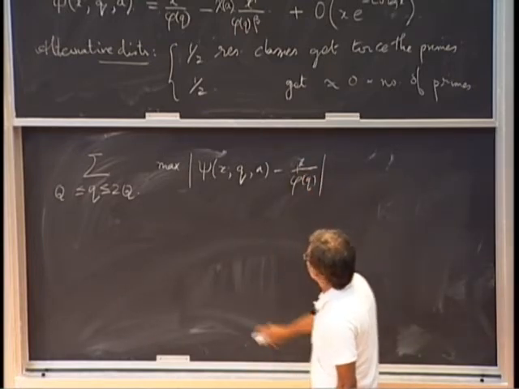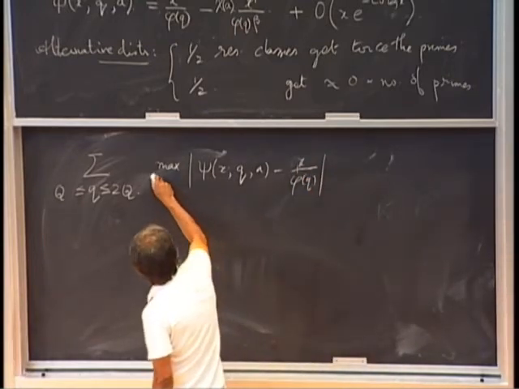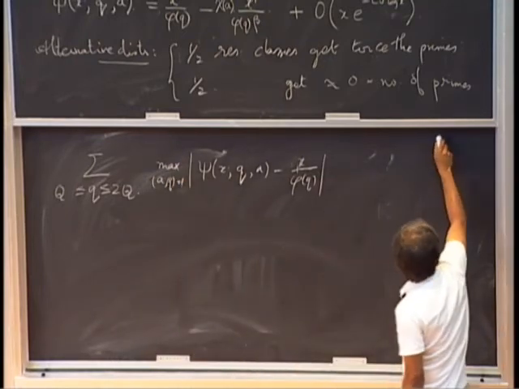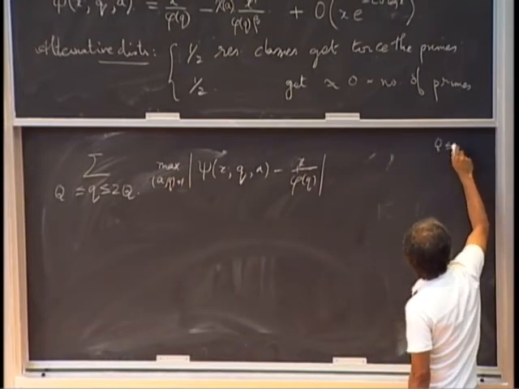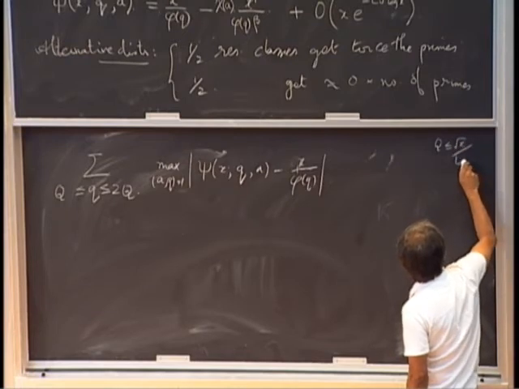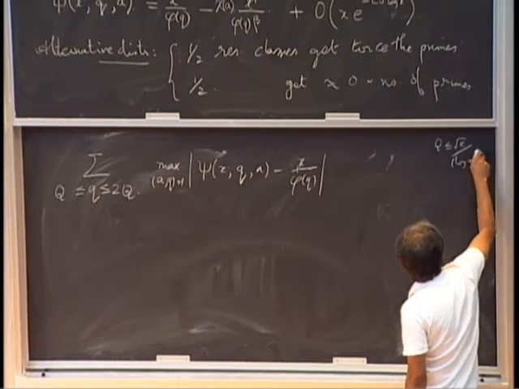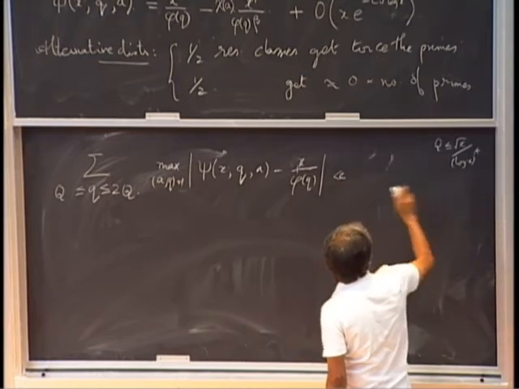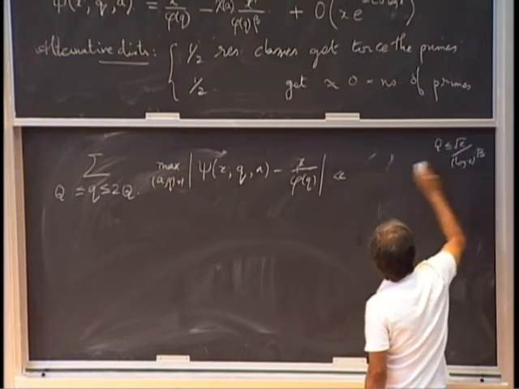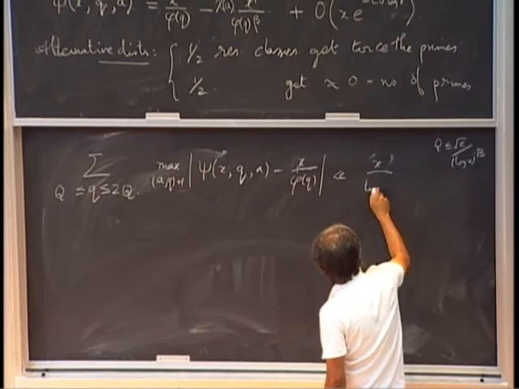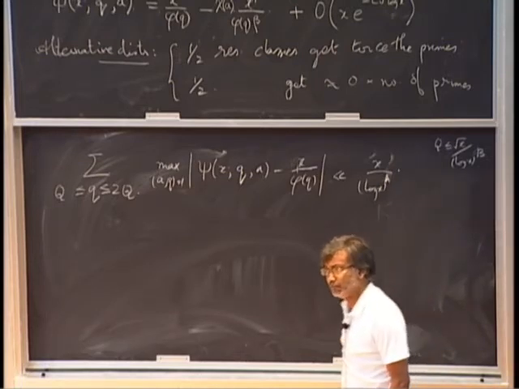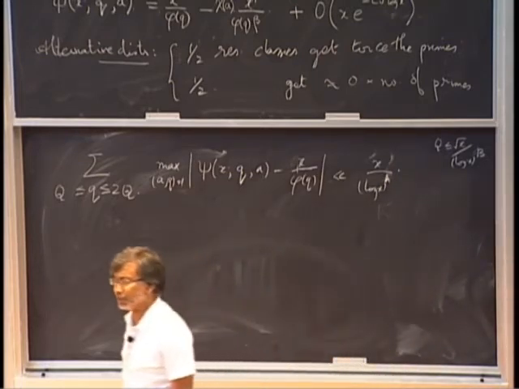And then I want to try to prove some kind of Bombieri-Vinogradov theorem for this, again with q going up to something like root x over log x to some power, bounded by x over log x to the B. Okay? So this is the Bombieri-Vinogradov theorem.